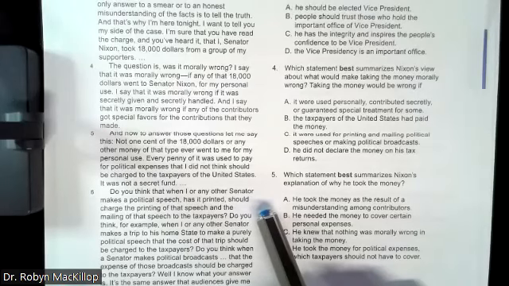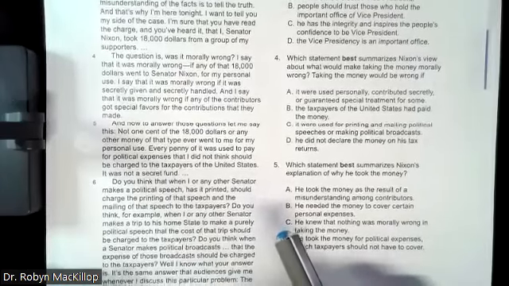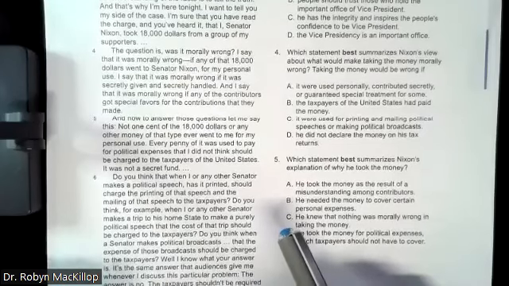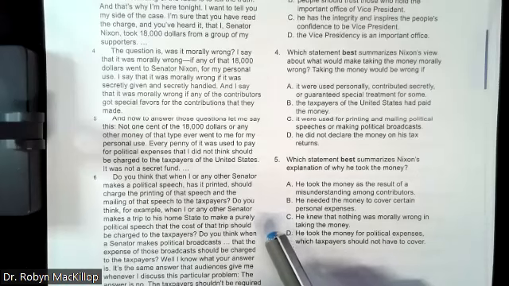It was not a secret fund. Do you think that when I or any other senator makes a political speech, has it printed, should charge the printing of that speech and the mailing of that speech to the taxpayers? Do you think, for example, when I say, or any other senator makes a trip to his home state to make a purely political speech, that the cost of that trip should be charged to the taxpayers?